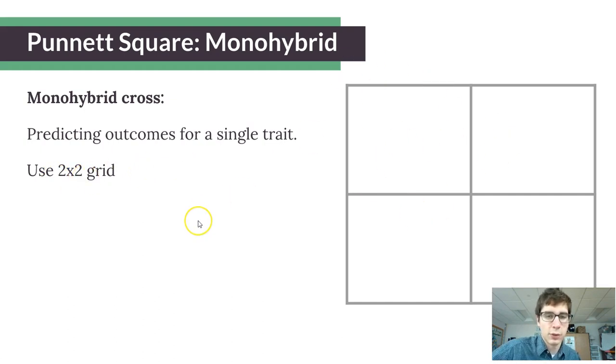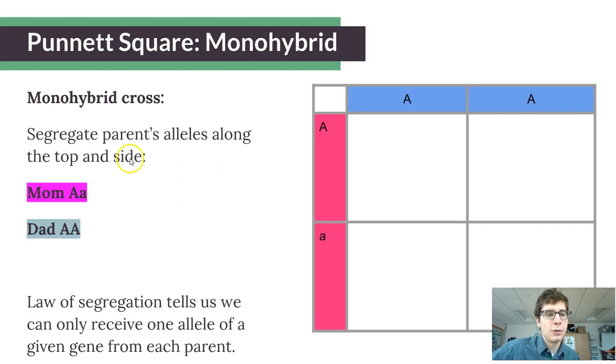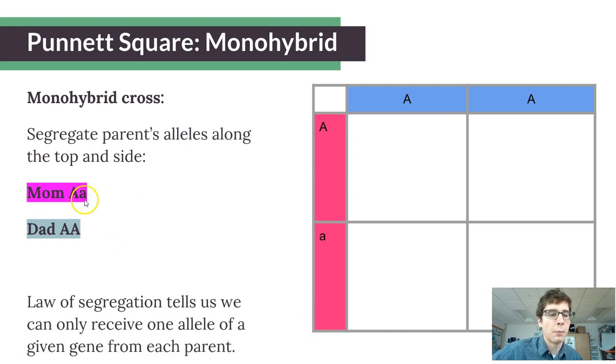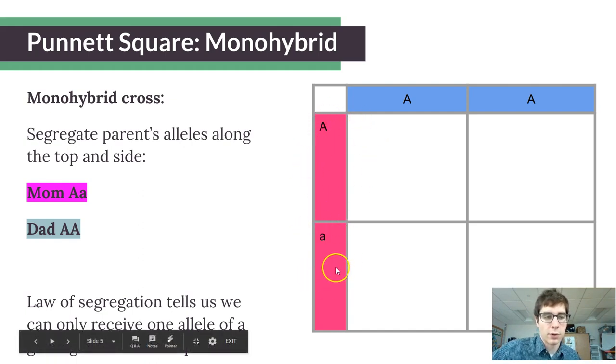The next thing you need to do is segregate the two parents who are contributing their alleles to their offspring. You just segregate these alleles along either the top or the left side. So in this case, we have mom, who is contributing either a capital A allele or a lowercase a allele, and these are going to be segregated into this row and the lowercase into this row.